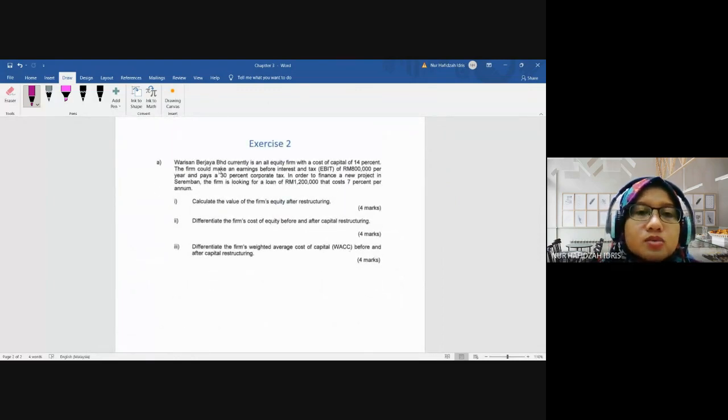So exercise 2. Warisan Berjaya Berhad is an all equity firm with a cost of capital of 14%. All equity firm means V is equal to E. That means currently this company is an unlisted firm, VU. A cost of capital of 14%. So the cost of capital for the unlevered firm.